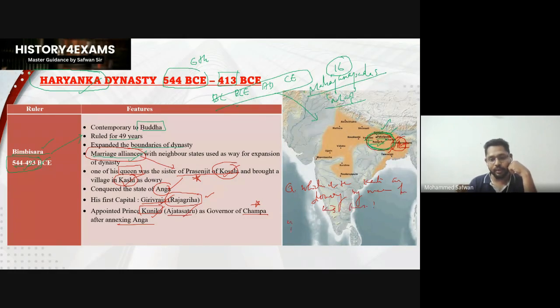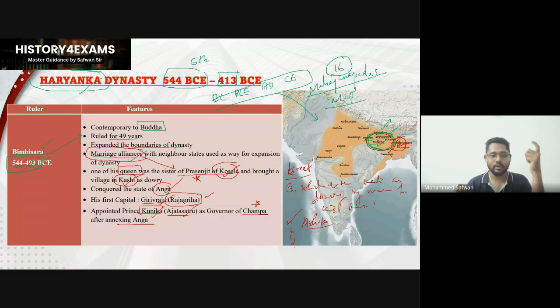You can expect other options, not necessarily Bimbisara. Sometimes Ajatashatru, or even a Shishunaga dynasty ruler, or even Ashoka can be given as options. So you have to learn accordingly. That's my point. The first point is the direct question, and you have to work on which types of direct questions can be expected. Hope it is clear. Is that clear? That is how you have to prepare from each and every note.